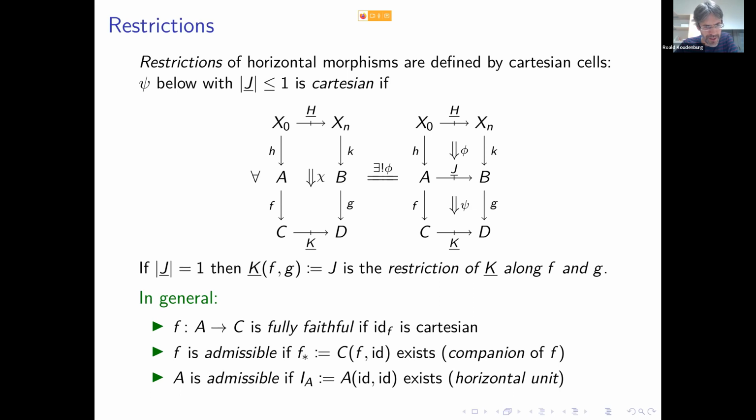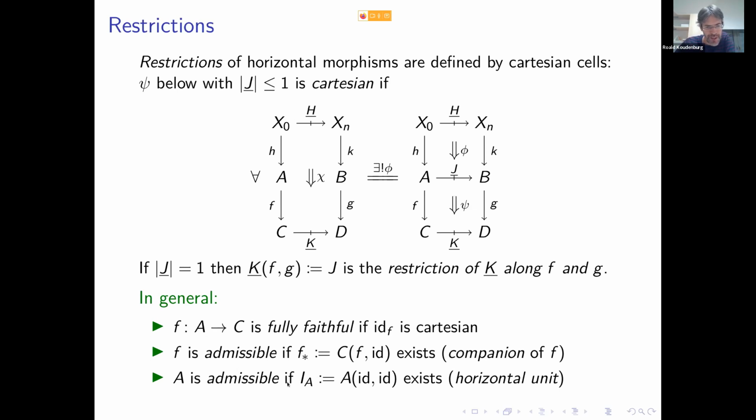So two remarks here for these notions of fully faithful and admissible vertical morphism. We don't need horizontal units of its source and target to exist. So if you would want to consider these notions in a virtual double category, then you do need these horizontal units to exist.